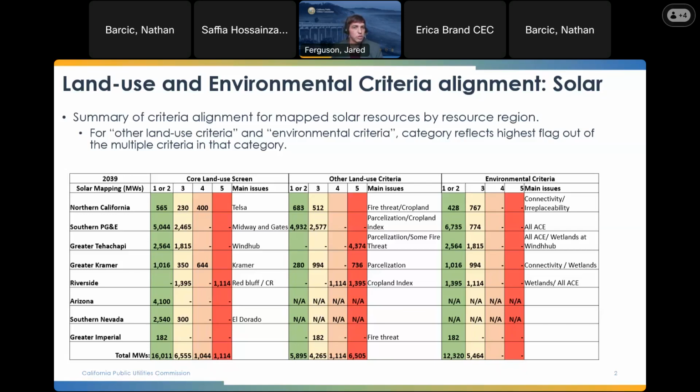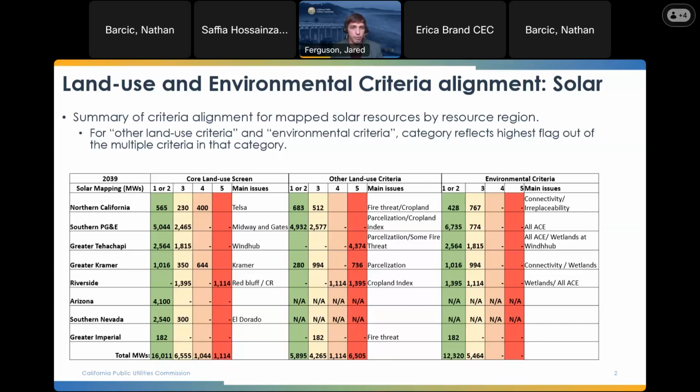In the greater Kramer area, similar to Northern California, you have one substation with 649 megawatts mapped to it that has level 4 criteria misalignment for the core land use. And Sophia was showing earlier how in Kramer in particular, the limited amount of low implication resource potential is up in the northwest corner.